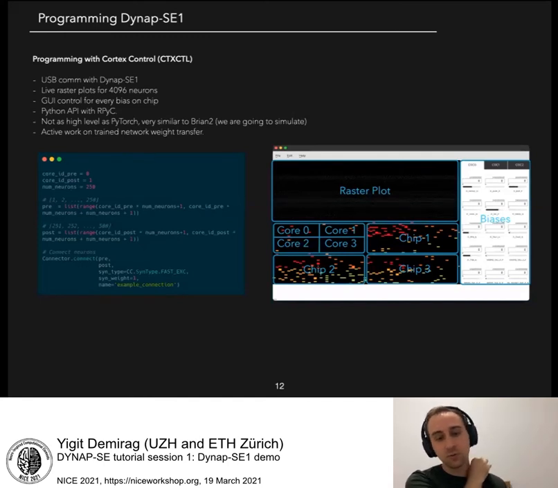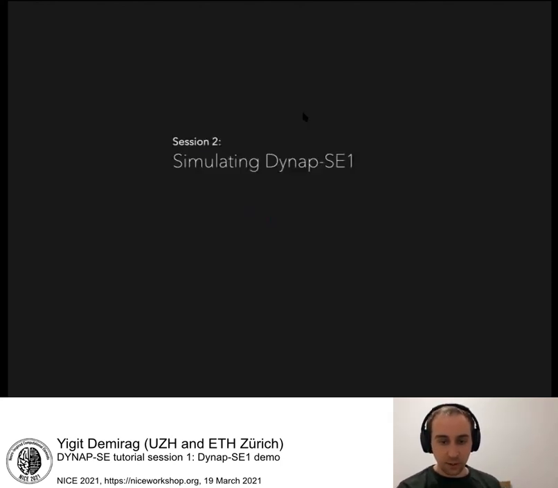They are working on how to map artificial neural networks trained with backpropagation, or spiking neural networks implemented with any local learning algorithm, directly to DYNAP-se, considering the computational graph that your neural network implements and comparing it with the constraints that the chip has. So I think I can give the floor to Dimitri.